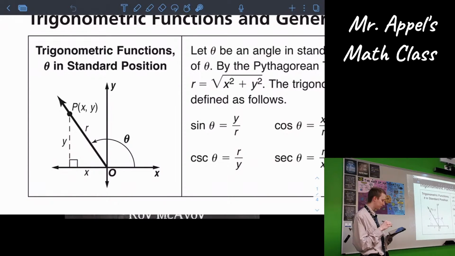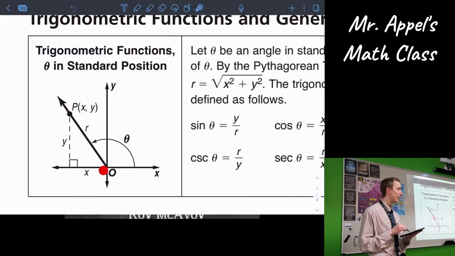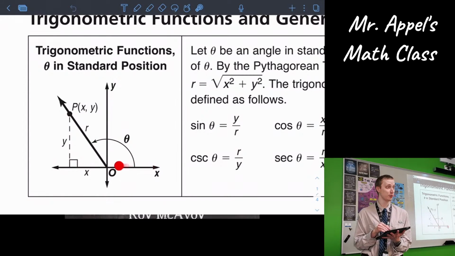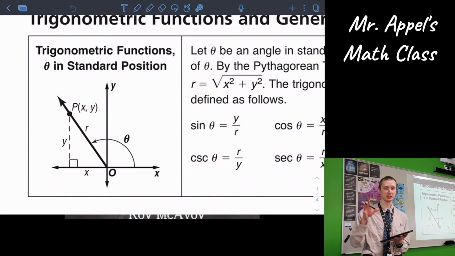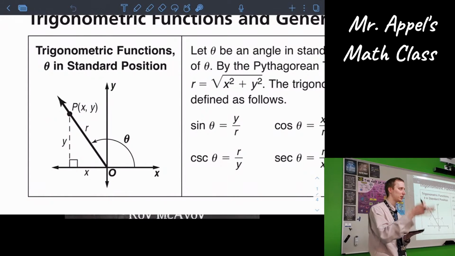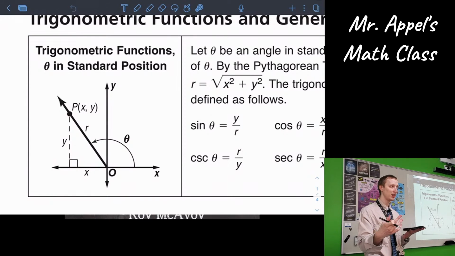Okay? Because from that point, I can draw a ray from the origin through that point and treat that ray as an angle rotated from standard position up through that angle theta. In pre-calc, you might talk about polar coordinates. It's another way to specify where something is.